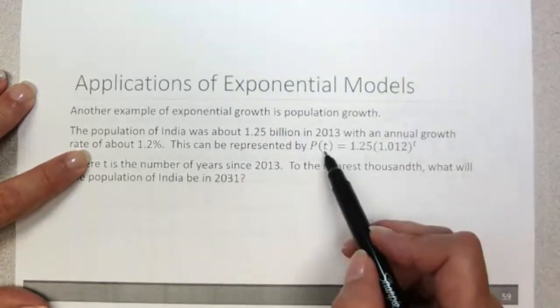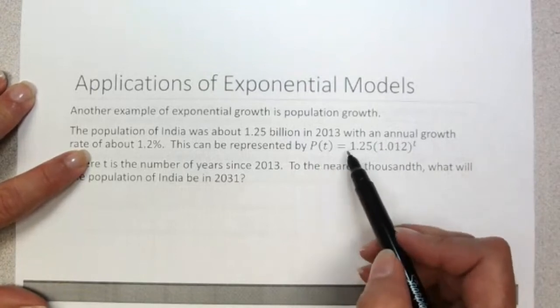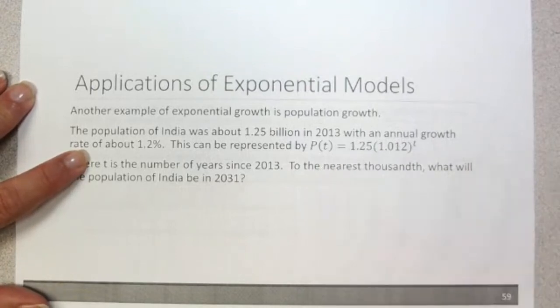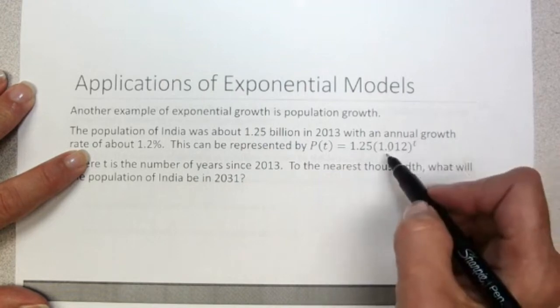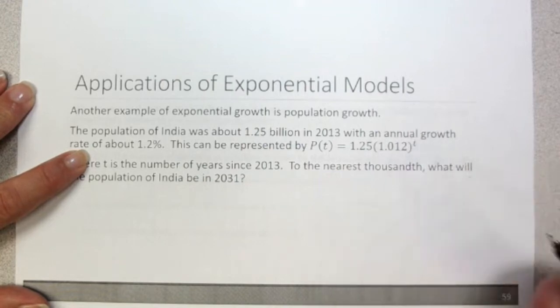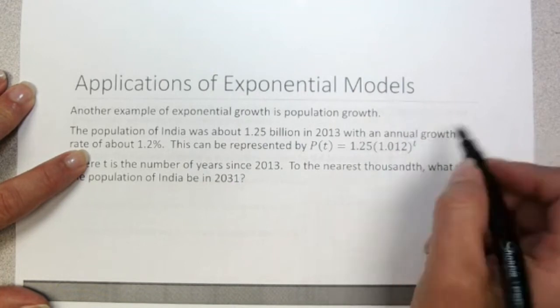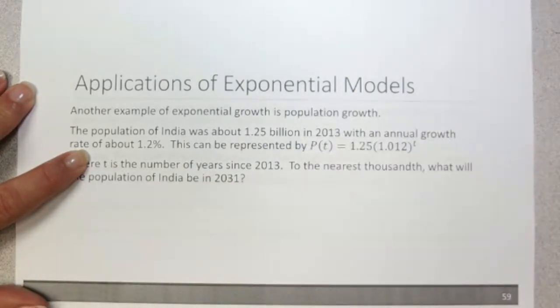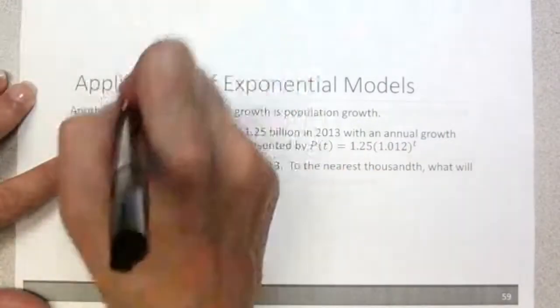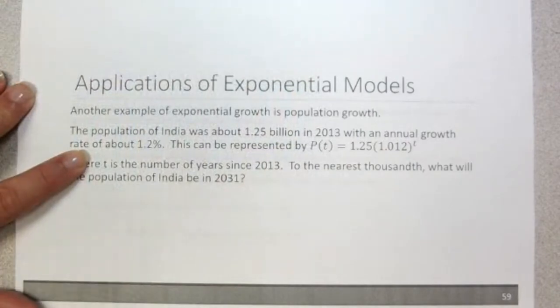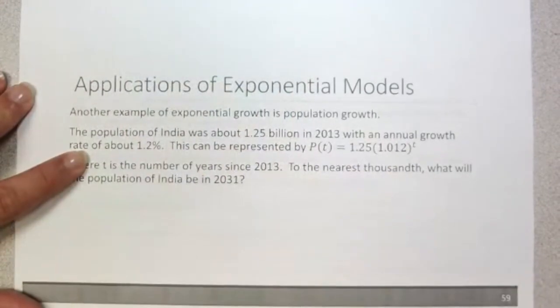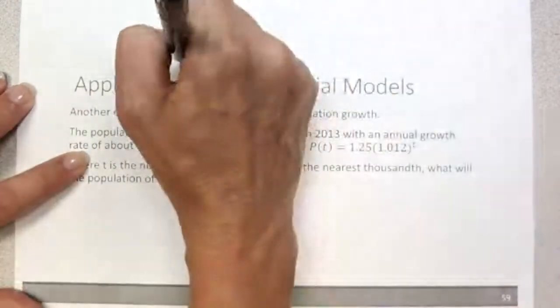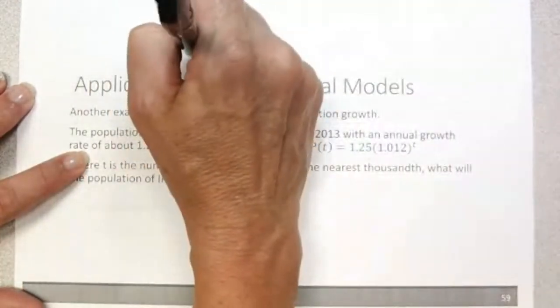The model then for the population at some future time is going to be 1.25 times 1.012 raised to the t power, right? Because just like with the compound interest model, the general form for an exponential model, when we know a percentage growth rate or a percentage decay rate, the generic model is going to look like this.